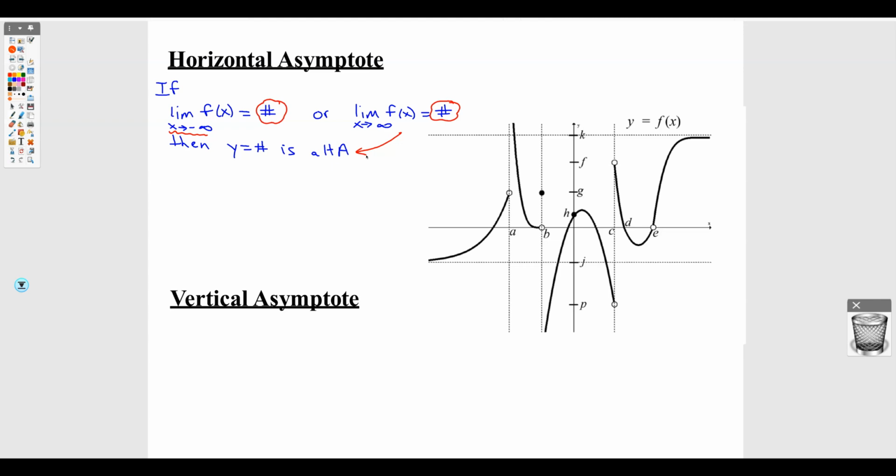So the only way to have a horizontal asymptote is you check the limit at negative infinity, which is the far left side of the graph, and you check the limit at positive infinity, which is the far right side of the graph. And if those answers are number values, when you evaluate your limit, if you actually get a number, then that's the definition of a horizontal asymptote.